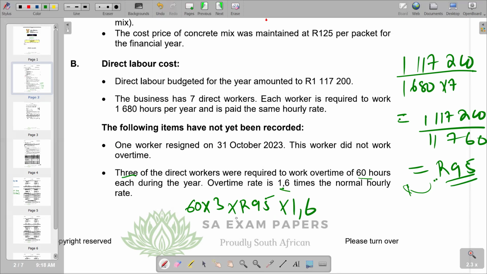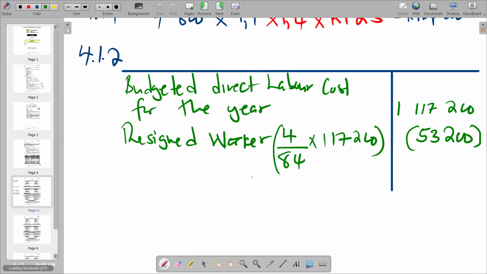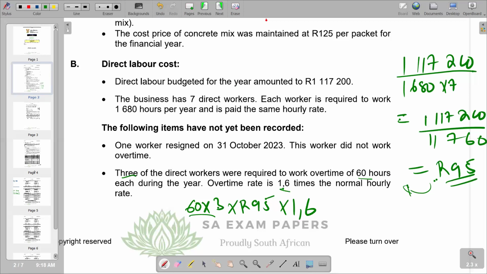And then that's how we're going to arrive at our answer. So we go to our answer section and summarize that way, whereby we are saying overtime, in brackets, if we refer back, you'd see that we said 60 times 3 will get you 180.